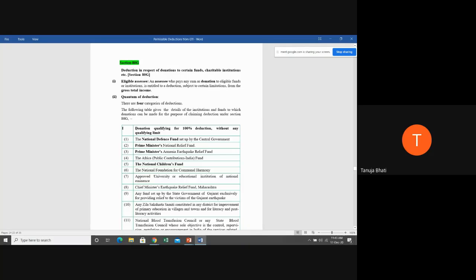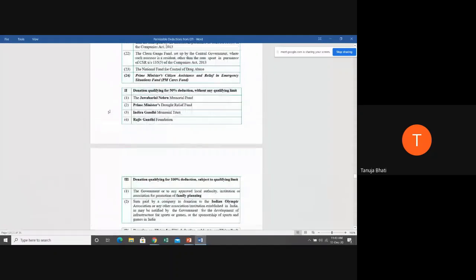First category, we saw the donation where, if he's making it to these respective funds, he's going to get 100% deduction of whatever amount he's donating, irrespective of any limit. So the first category was 100% deduction without any qualifying limit. Next, we saw donations qualifying for 50% deduction without any qualifying limit.